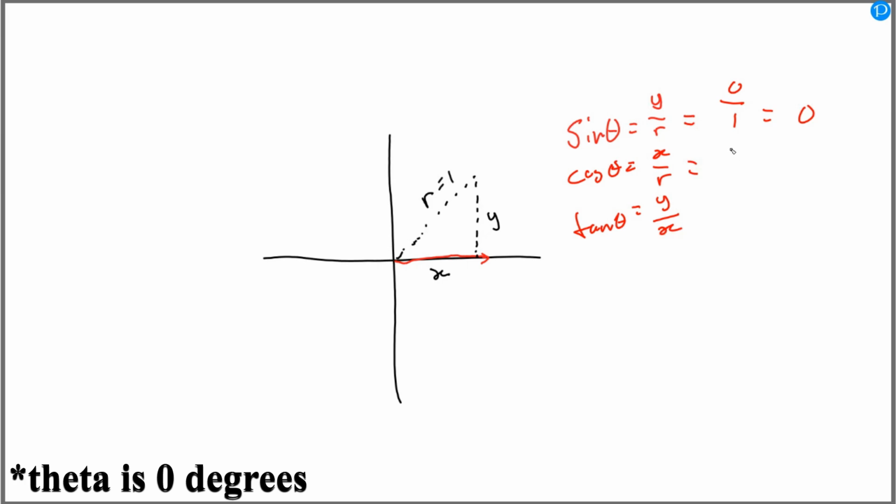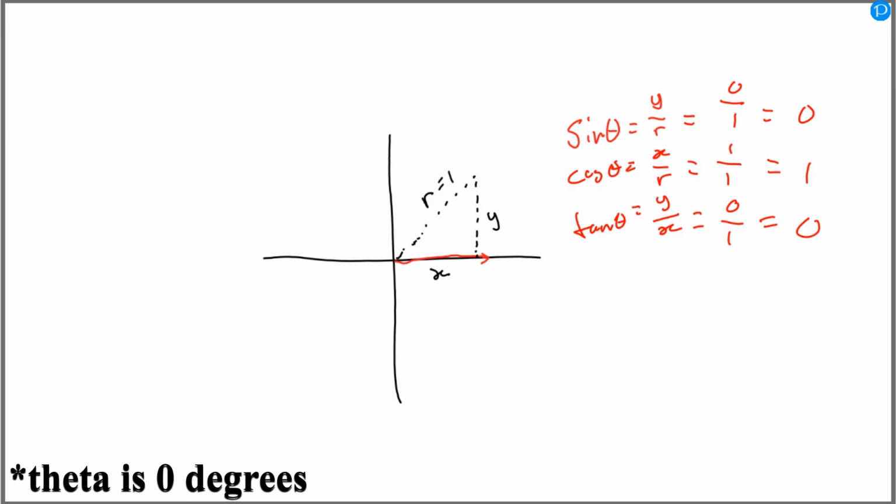Cos theta would be 1 over 1, which equals 1. And tan theta would be equal to 0 over 1. And that again equals 0. So these are the trig ratios for when this line is on the positive x-axis.